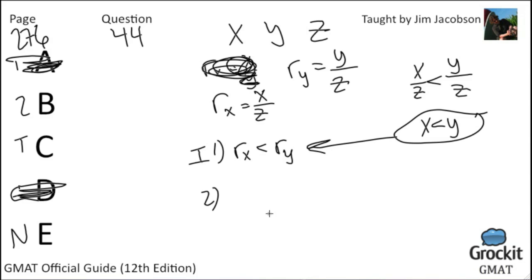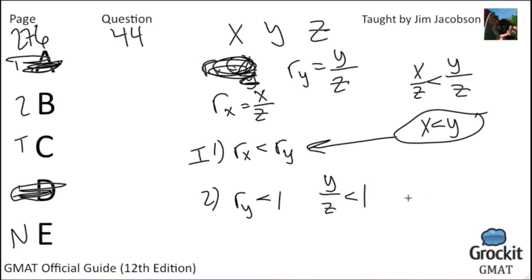Statement 2, we find out that R sub Y is less than 1. And remember R sub Y is Y over Z, and that's less than 1.